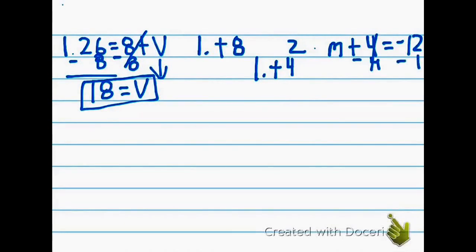And then minus 4. Now you have to remember your integer rules. So if you wanted to, you could write it out. Negative 12 minus 4. So that becomes a negative plus a negative. So then you're left with m equals negative 16.